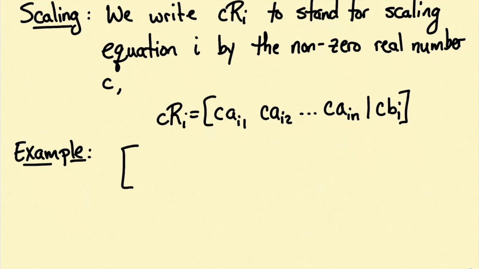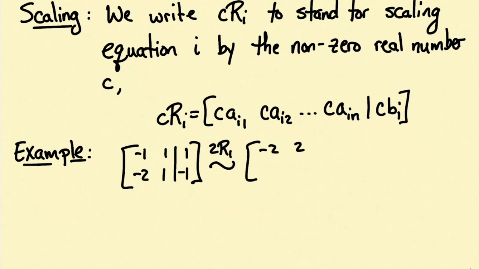If we would like to scale the first row of the matrix by 2, then we can represent this by using a tilde with a 2R1 over the tilde. This tells us we're scaling the first row by 2, and we will obtain an equivalent matrix.